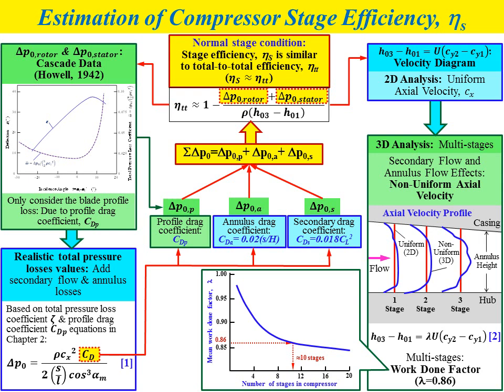Then we can determine the mean work done factor before we substitute the value into equation number 2 to determine the actual stage work, before we substitute into the total efficiency equation. Okay, so by considering these two factors, the total pressure losses and the actual stage work, for a more realistic condition, we will get a more accurate total efficiency for the compressor stage.